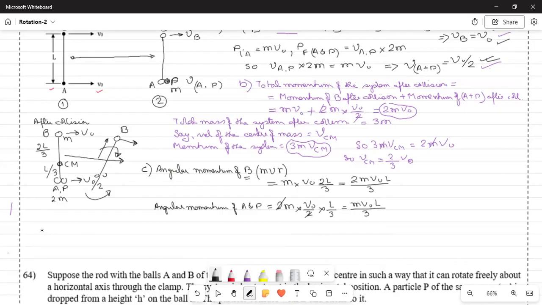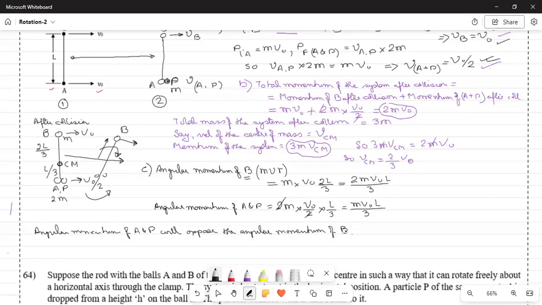I think if I write it, it will be better for you. Angular momentum of A and P will oppose the angular momentum of B. This you have to understand from the system.